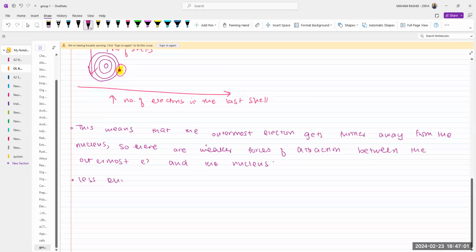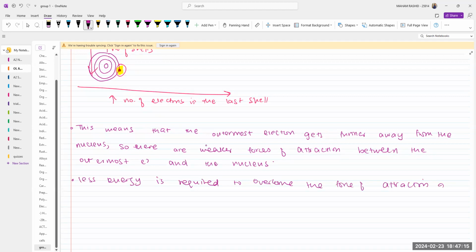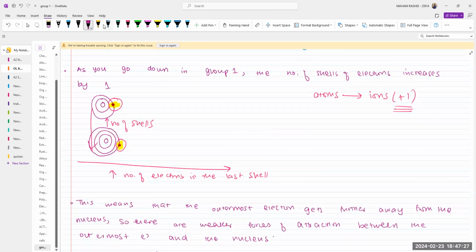Hence, less energy is required to overcome the force of attraction as it gets weaker. Hence, the outer electron is lost more easily as you keep going down. So the outer electron keeps going further and further away from the nucleus.